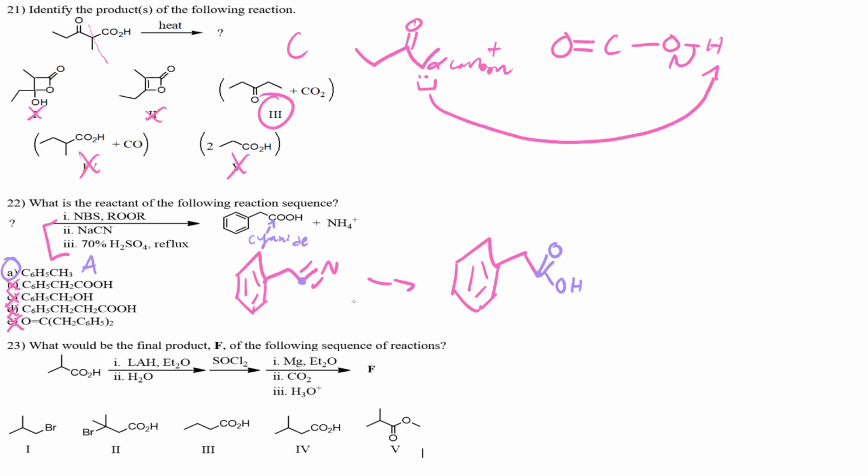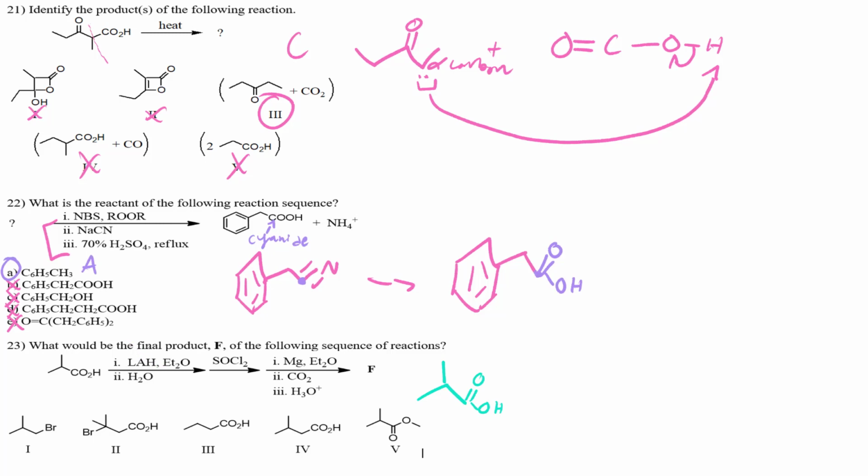Number 23, what would be the final product F of the following sequence of reactions? Okay, so it's kind of weird, but it's a very fun reaction. Here we go. First of all, what happens here is that we're treating it with pure lithium aluminum hydride.